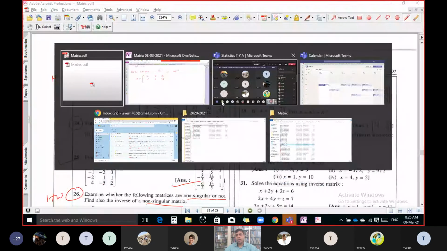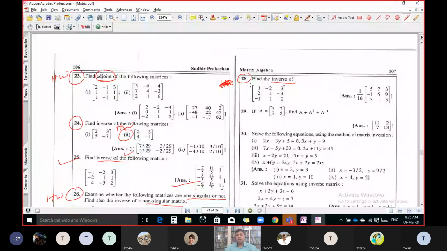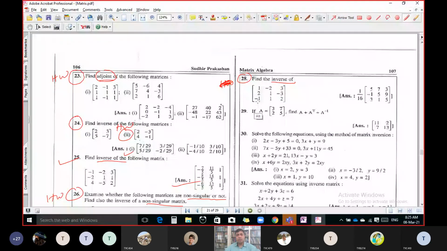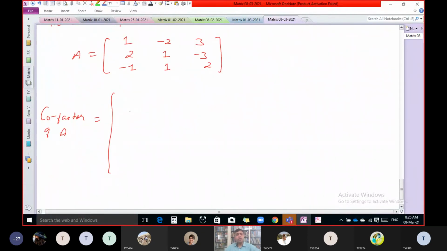And third row minus 1, 1, 2. First step, find out the cofactor of A. So what we have to do? Find the minor of each element. Tell me, be fast.